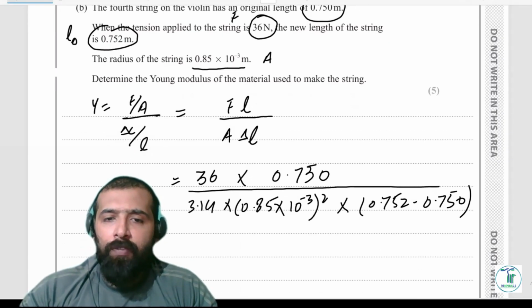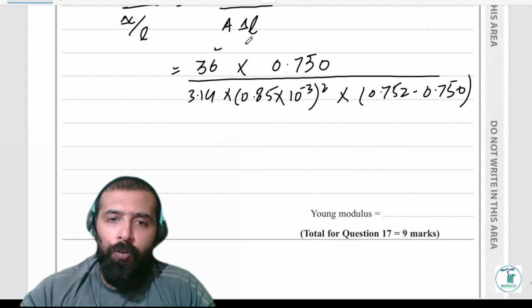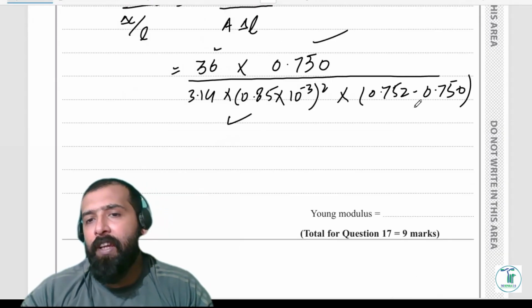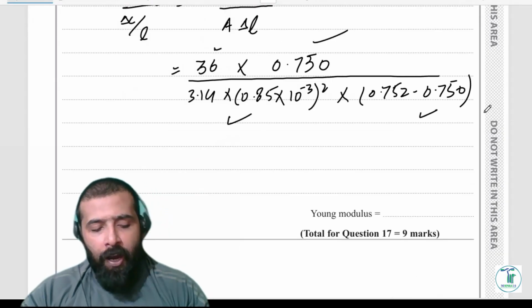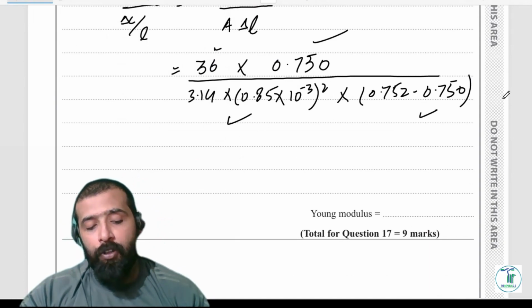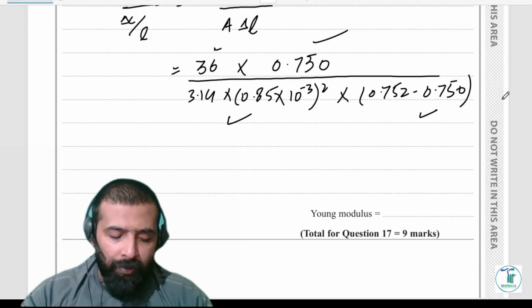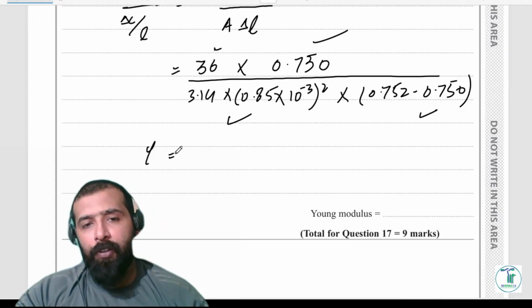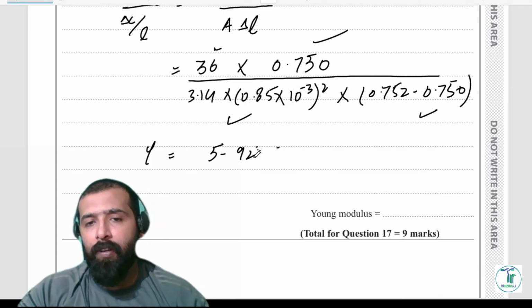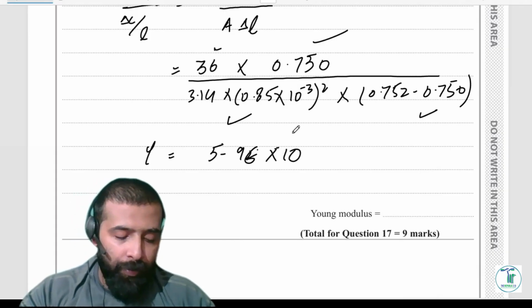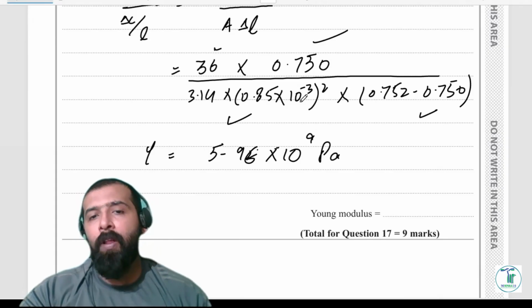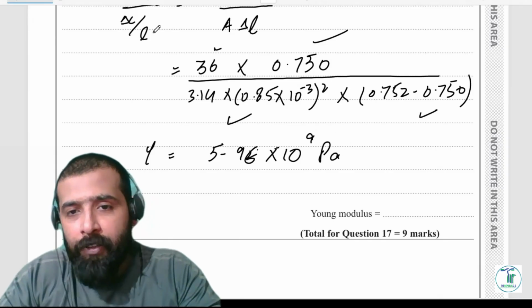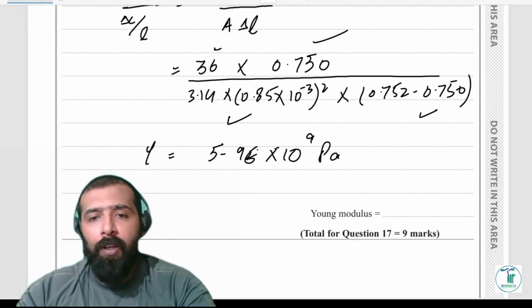After just solving all these things, you've got the force, the original length, the area, and the extension. After calculating all these things, you'll be able to determine the Young's modulus of this system, and the value of this Young's modulus has to be 5.96 times 10 raised to the power of 9 pascals. So that is how we're going to calculate this Young's modulus, right?